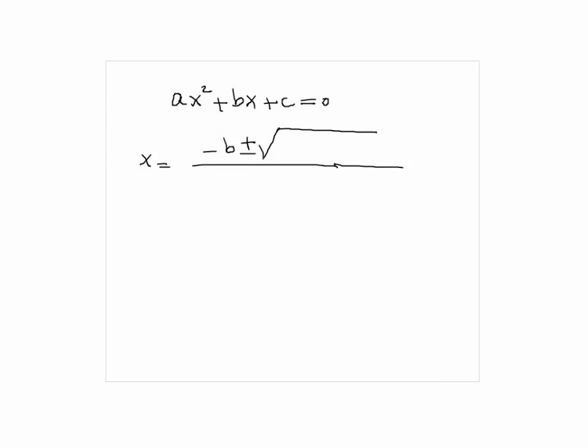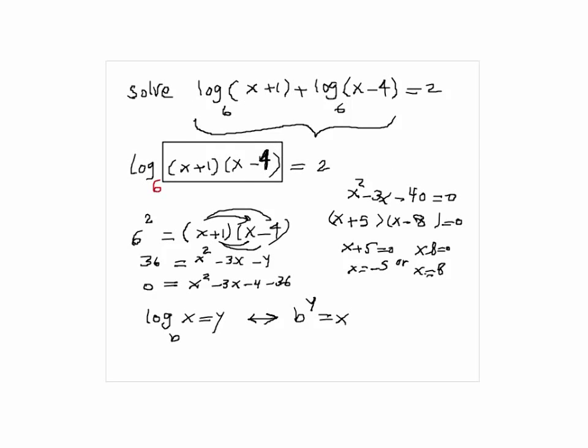What goes under the radical? b squared minus 4ac, and then 2a underneath. Okay. Please make a note of this. Everybody should know how to solve second order equation using quadratic formula if it's not factorable or if it's too hard to factor. So we could use quadratic formula if this weren't factorable.